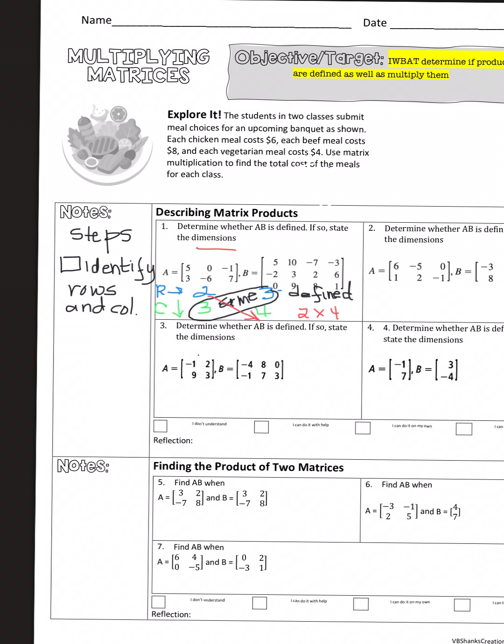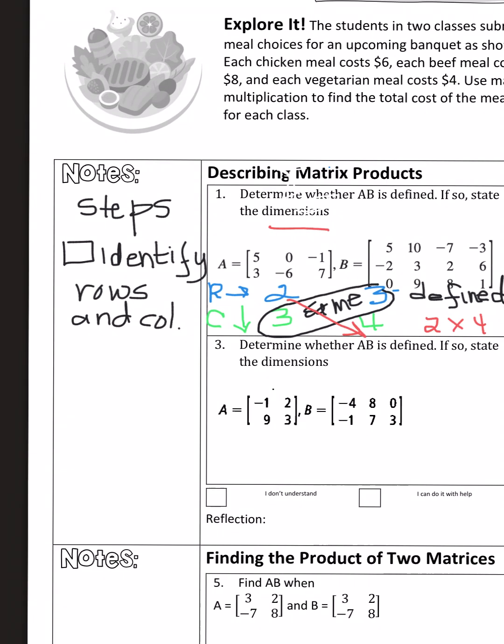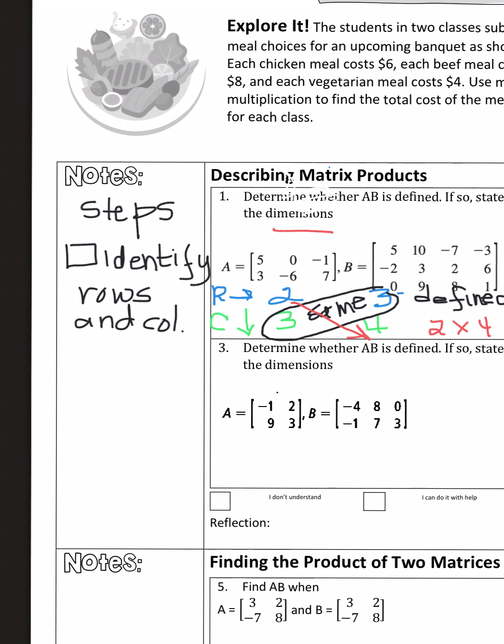Okay. Second, we determined if a set of rows and columns are the same. So we determined if it was defined or not.